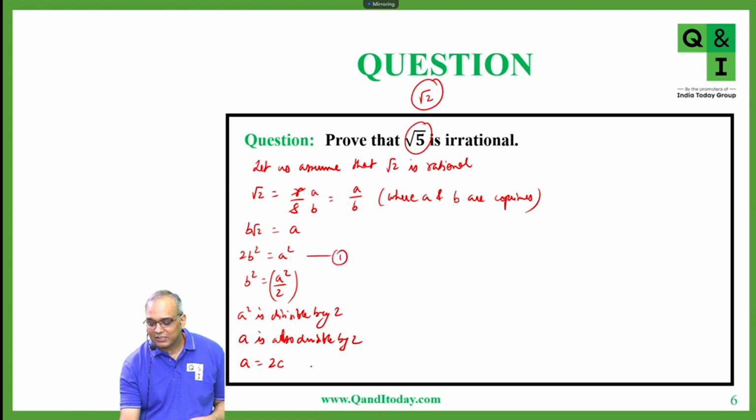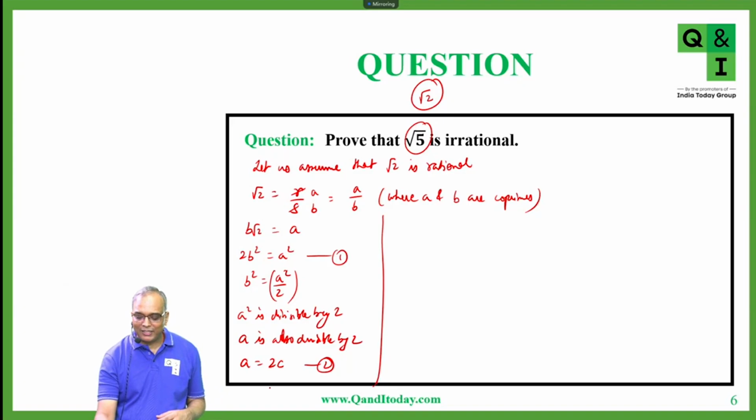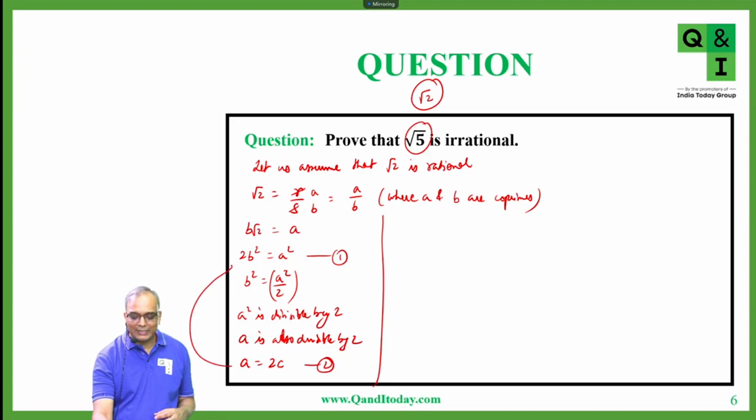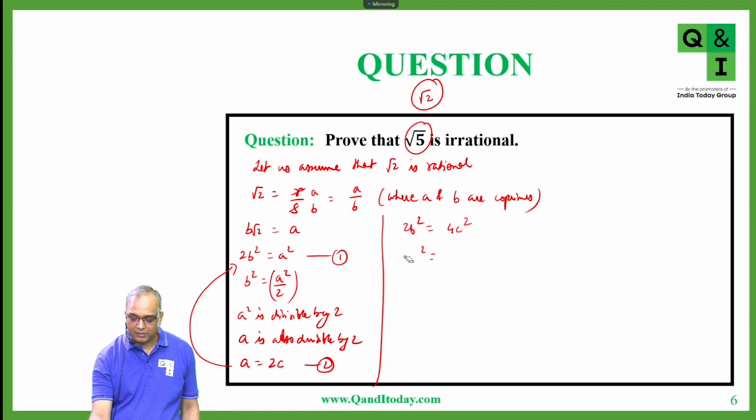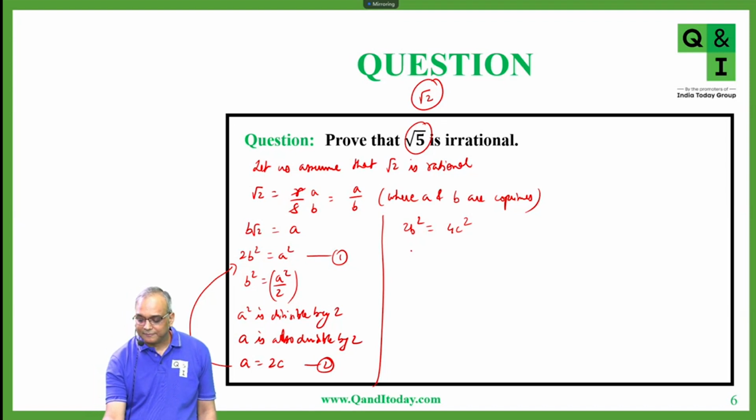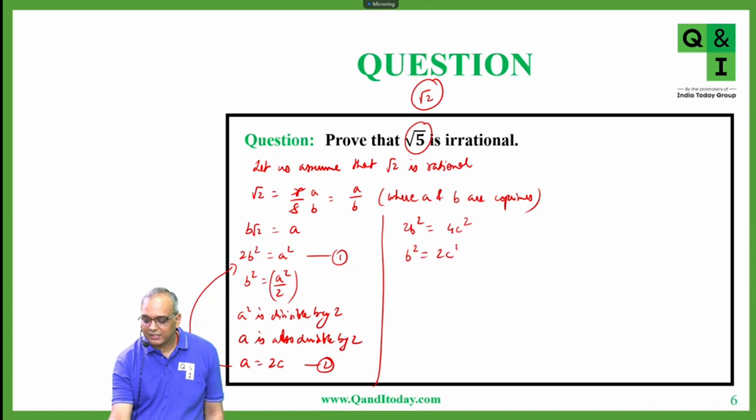So we have this first equation and second equation. Now we put the value of a equal to 2c in this equation. So you will get 2b square is equal to 4c square, or b square is equal to 2c square, or c square is equal to b square by 2.